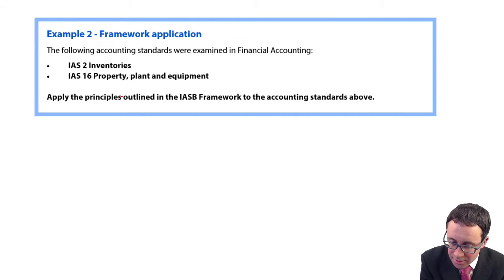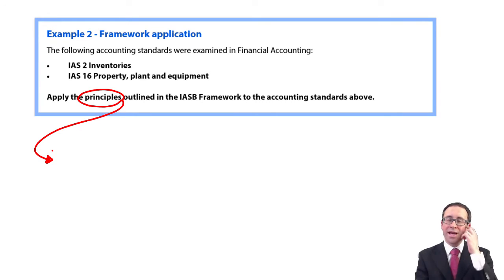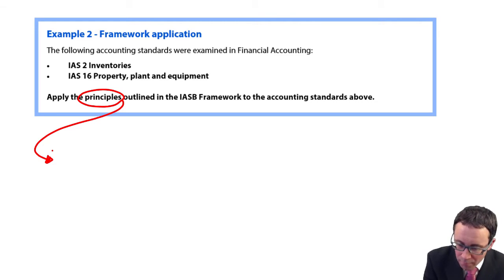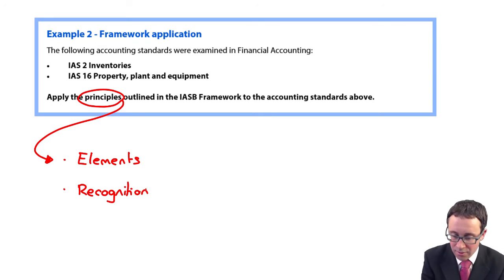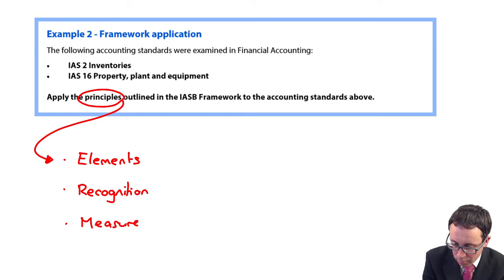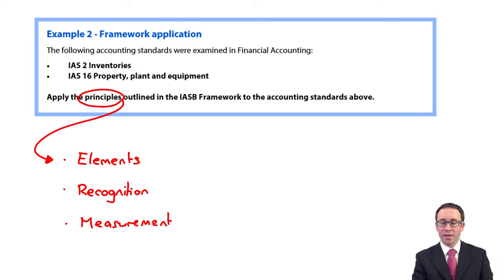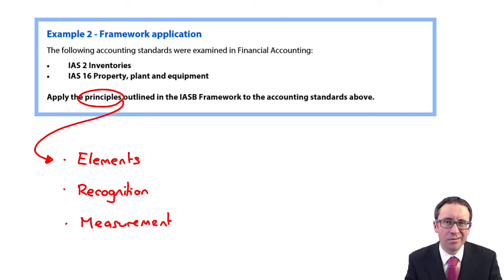So when we're looking at the principles, if you want to get the easy marks, what I would be thinking about there is thinking back to the elements, thinking back to the recognition criteria, and also then thinking about the measurement criteria, isn't it? Okay, because if you can do that, that's going to get you enough marks.